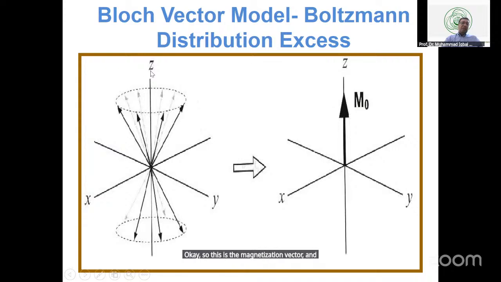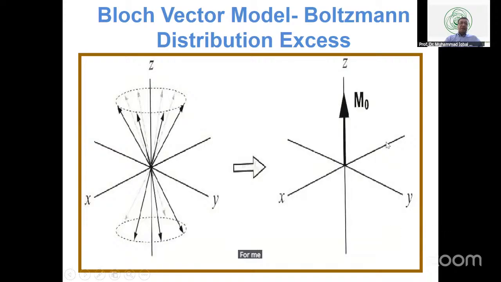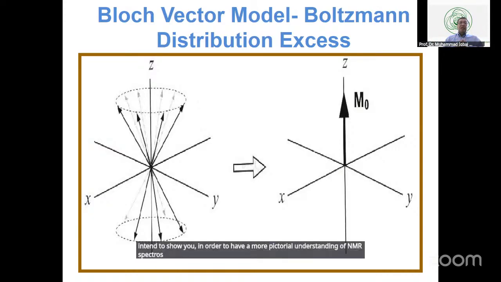And believe me, I'm not really going to talk about this anymore. For me now, this is what I would explain to you all the time. This is my bulk magnetization vector or net magnetization vector, which I would always use, because this is what I intend to show you in order to have a more pictorial understanding of NMR spectroscopy in terms of its modern concepts.